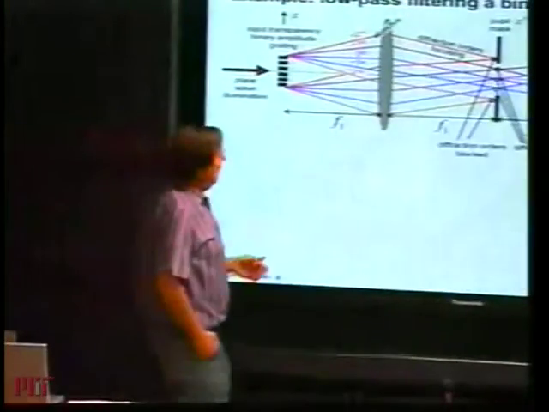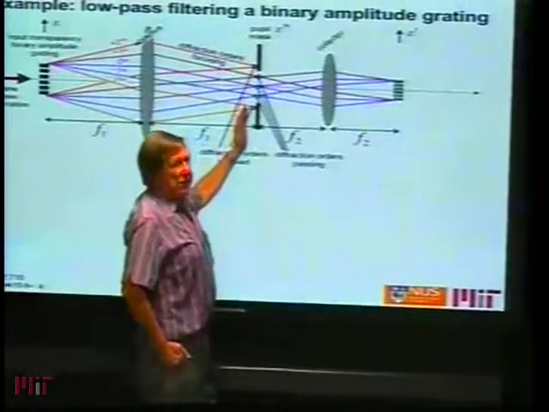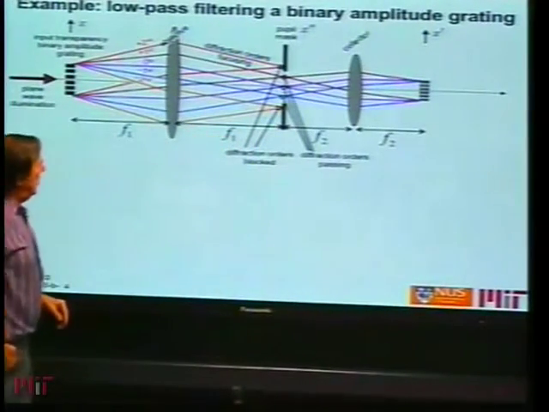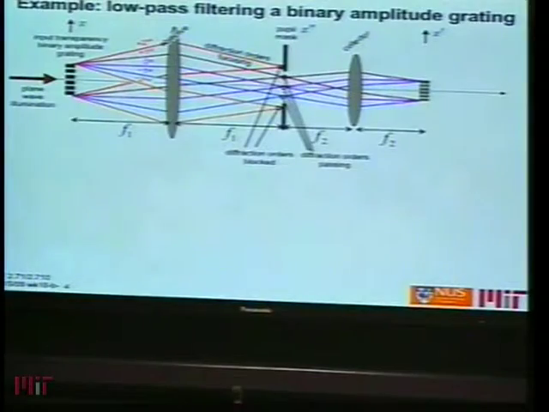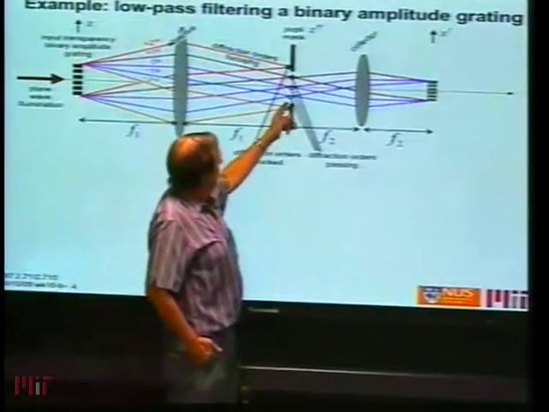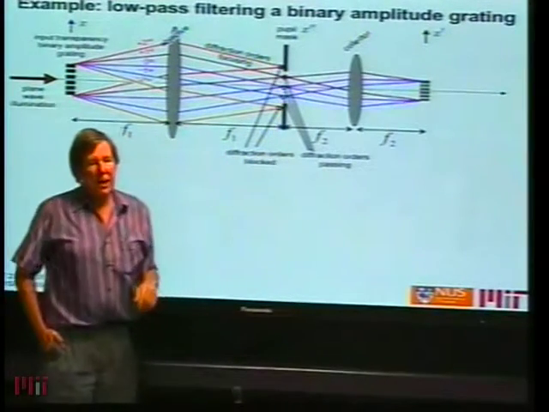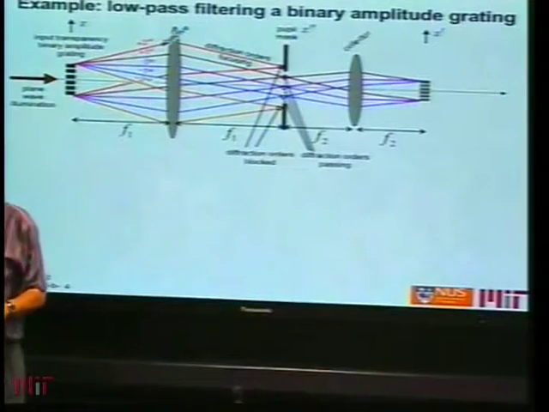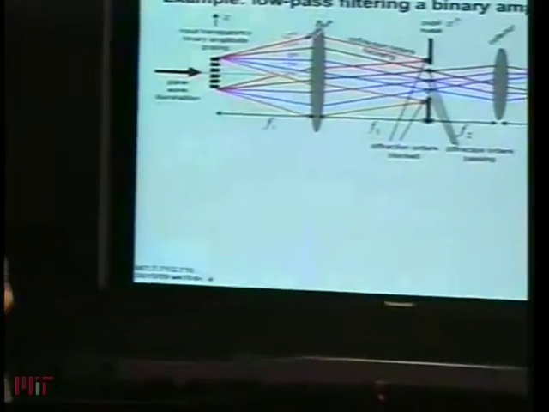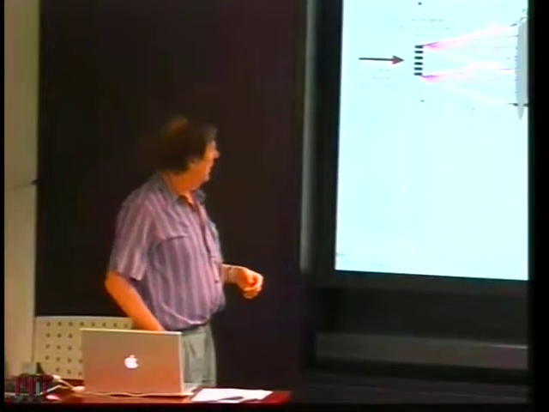So you're going to see all these different grating orders all arrayed in this position here. By putting some sort of phase or other mask here, we can modify the relative strength or phase or whatever we like of those different components, and then they'll be added together and produce some nice effect that we might want to look at.